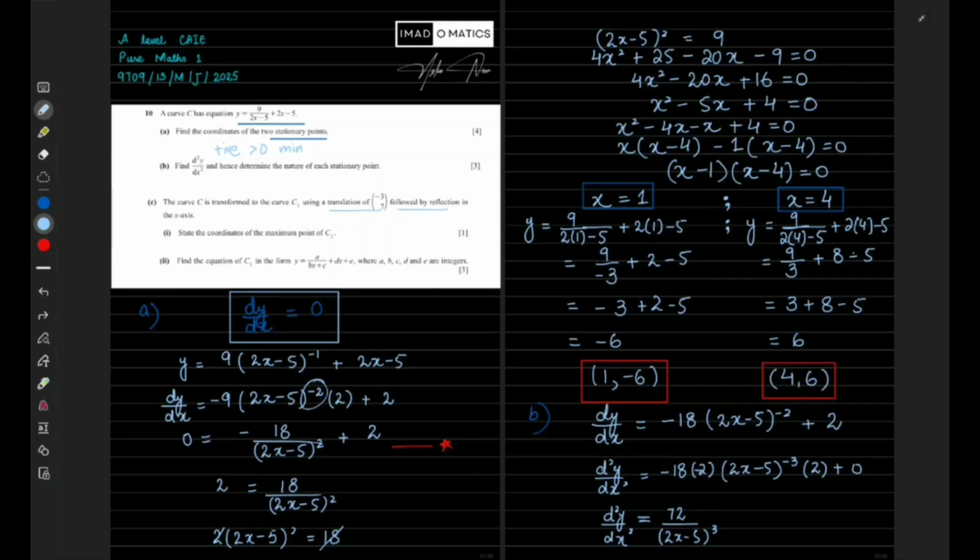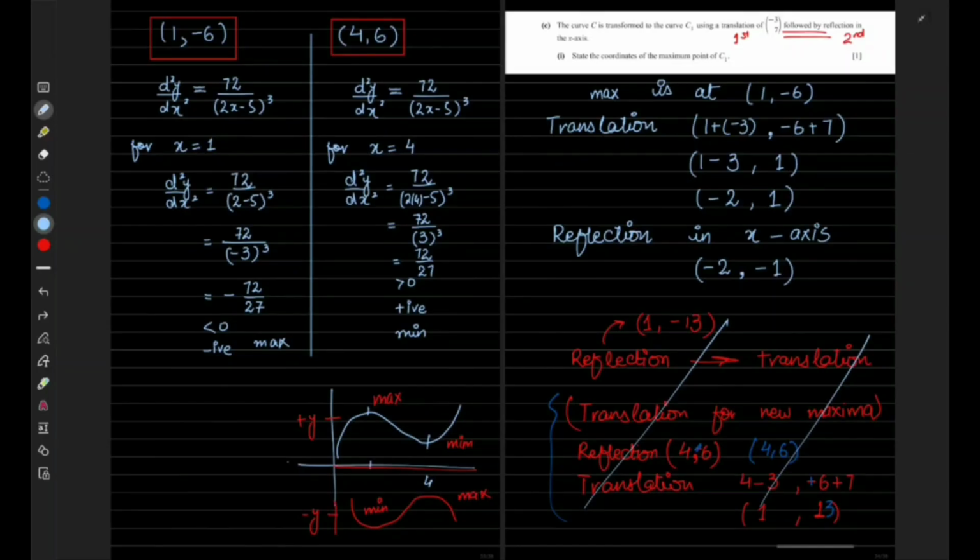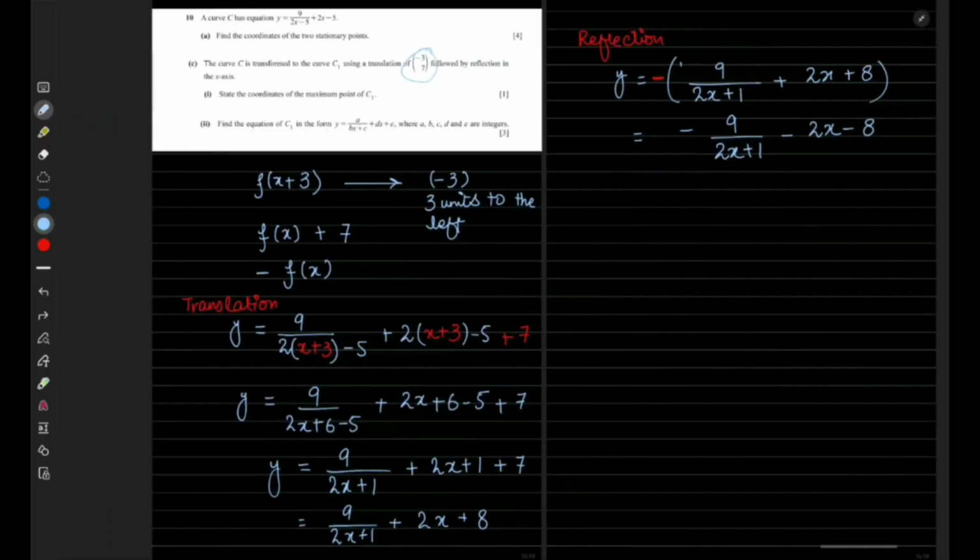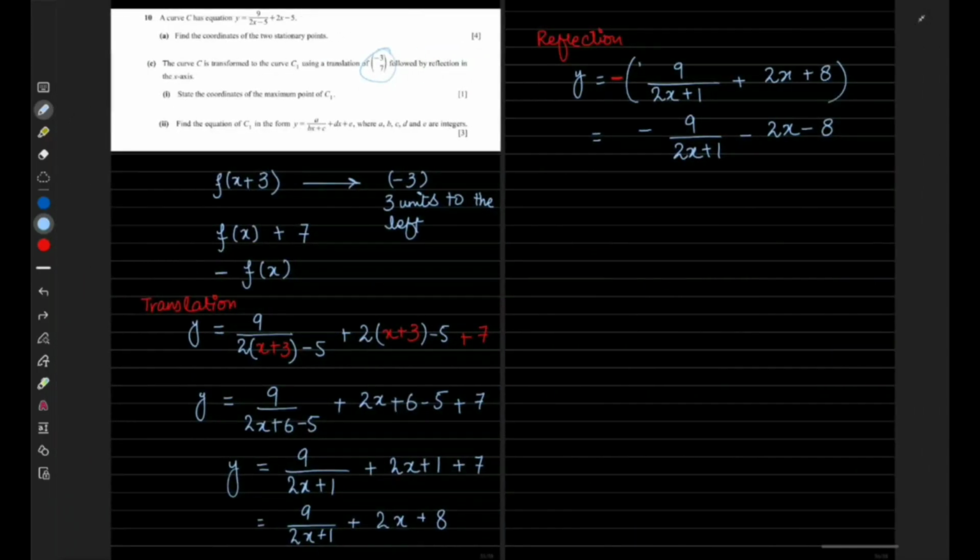If you know what this means, you will be able to identify the order of transformations and then you will be able to solve it properly. So we have applied the translation first and then reflection. So we get these coordinates. And then for part C2 also, we have to understand the changes in the equation according to the given order of transformation. That's all about question number 10.